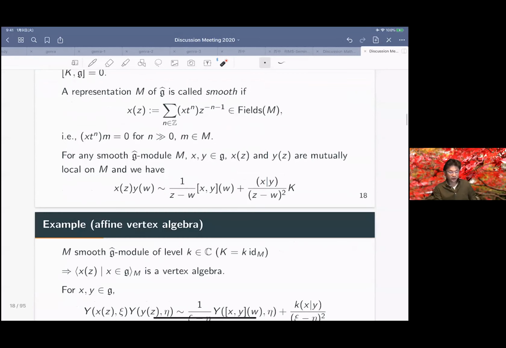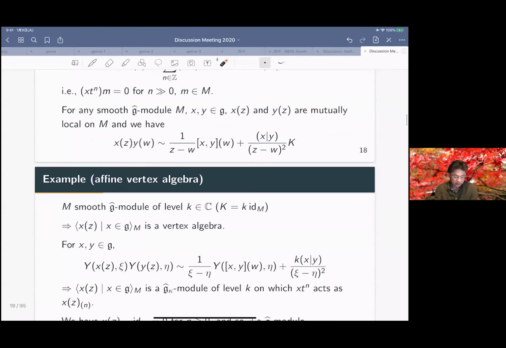So if you have a smooth G hat module of level K, meaning K acts as a constant multiplication by this number K, then you have a vertex algebra generated by this field X0. So this is a vertex algebra.